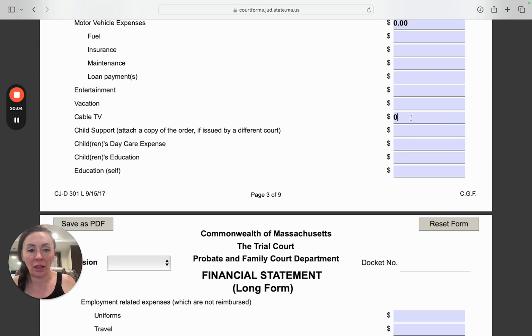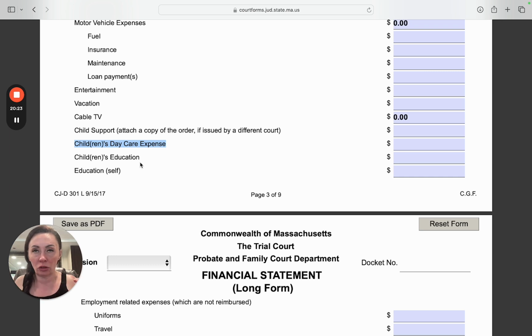Child support, if that's an expense for you, go ahead and list it. Daycare expense. This is a very important number, and it needs to be accurate, because if you have kids, daycare is an excludable expense when it comes to the child support guidelines.